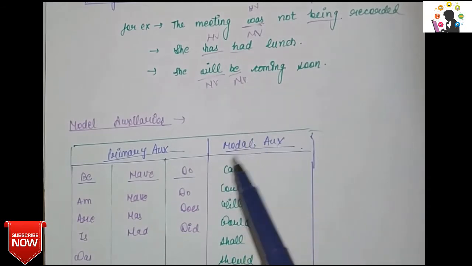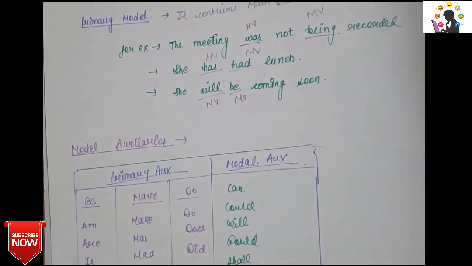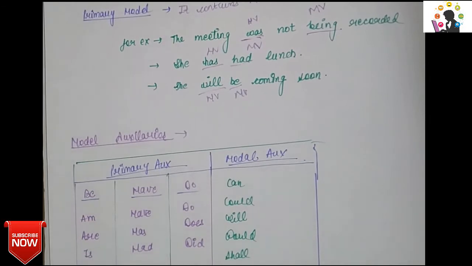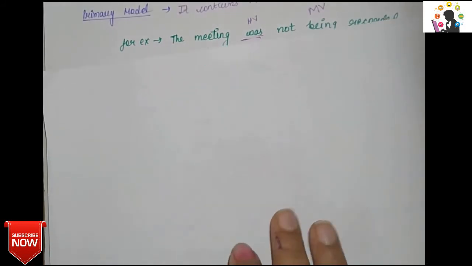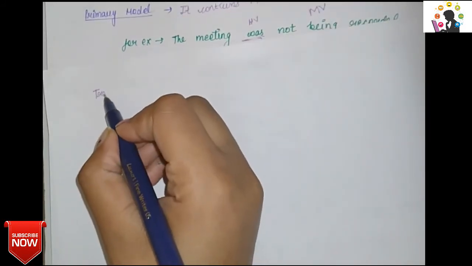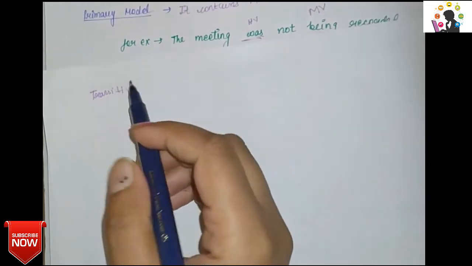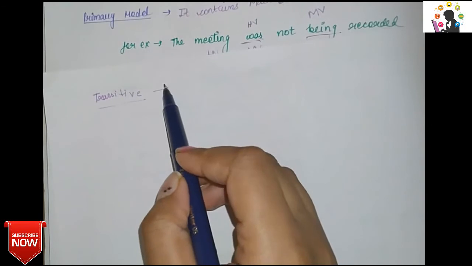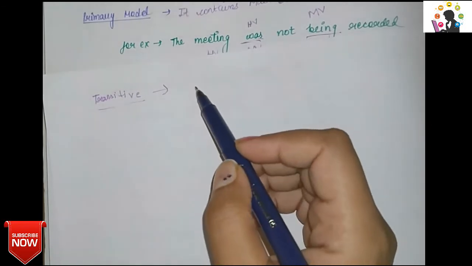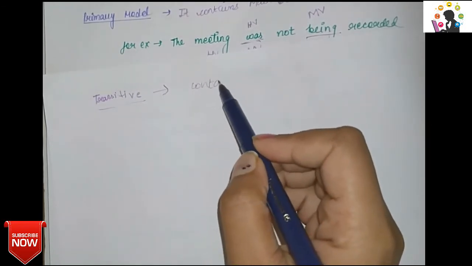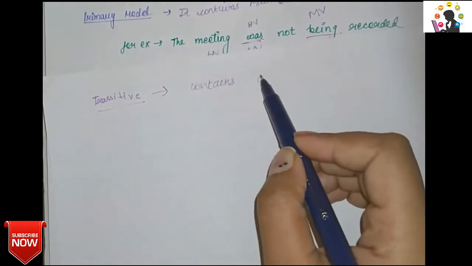So this is all about verbs, and the last category is transitive and intransitive verbs. What are transitive and intransitive verbs? So I will tell you transitive and intransitive verbs. Transitive verb means which contains an object.